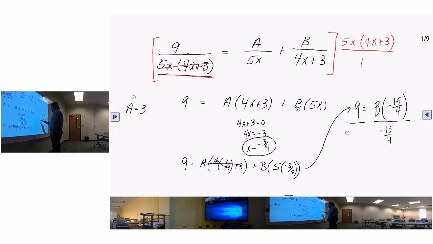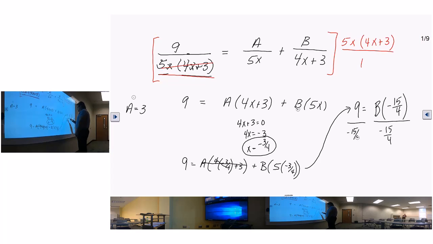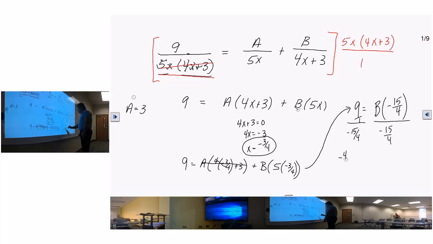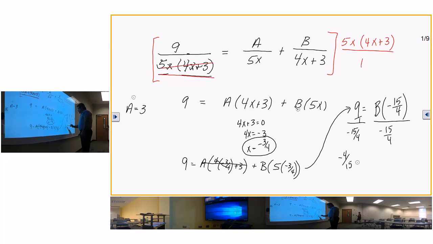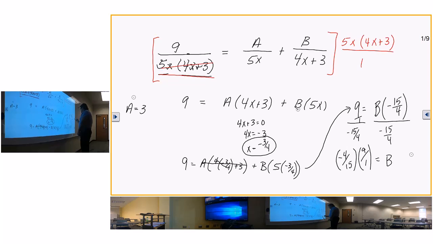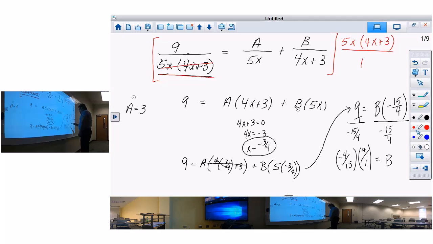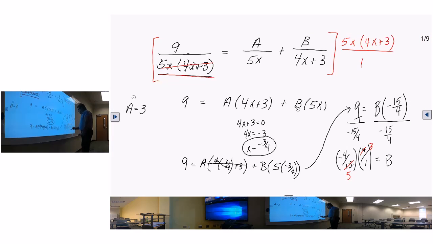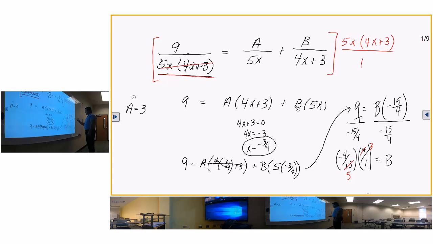When you divide a number by a fraction, you multiply by the reciprocal. So negative 4 over 15 times 9 over 1 is equal to B, and 3 will go into 9 3 times, 3 will go into 15 5 times, so that's equal to negative 12/5.